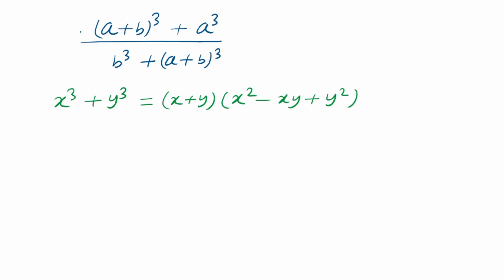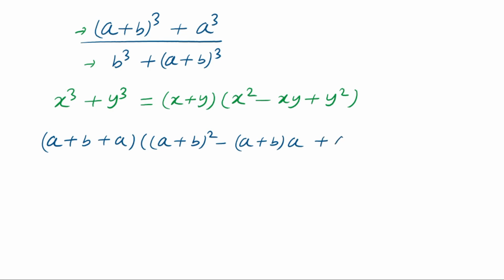If we apply this identity in the numerator and denominator, in the numerator a plus b is x and a is y. So the numerator is (a + b + a) multiplied by ((a + b)² − (a + b)a + a²), and in the denominator b is x and a plus b is y.